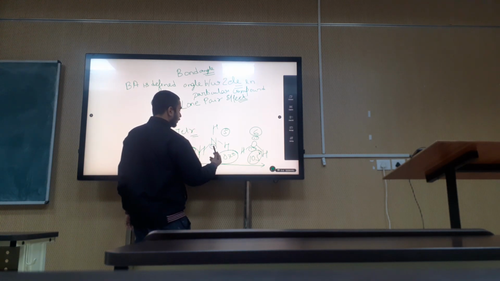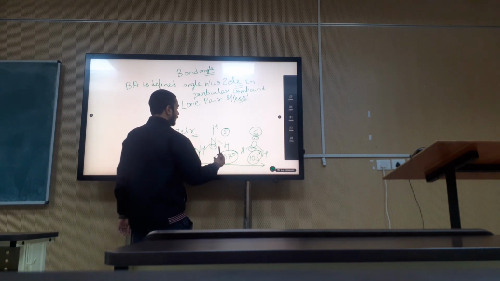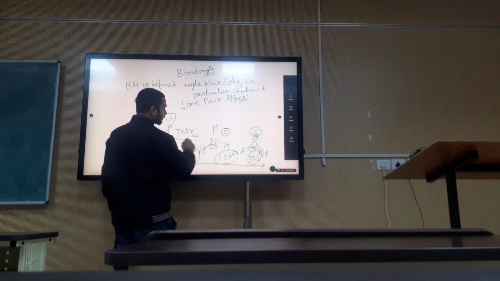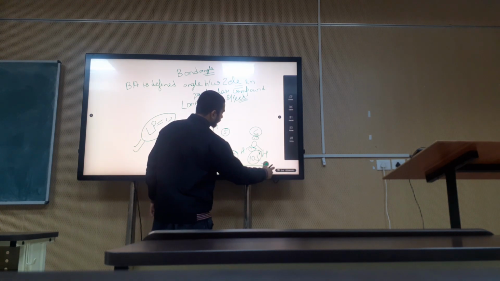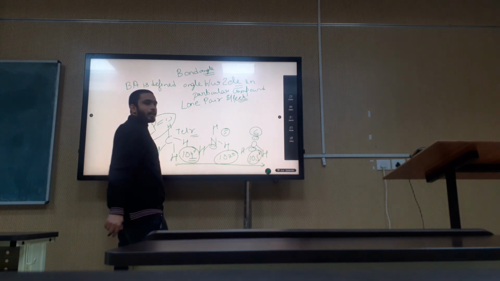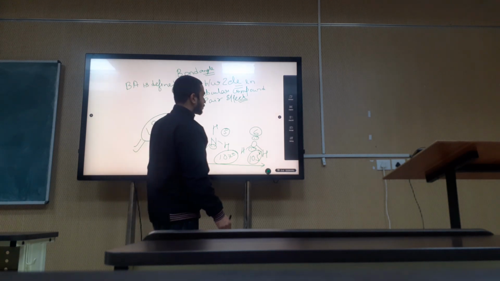If in a particular element the lone pairs are increasing, the bond angle is decreasing, as we see in this case: the methane gas, ammonia gas, and this is water, H2O. This is the bond angle in this case, so it is very important to know this concept.